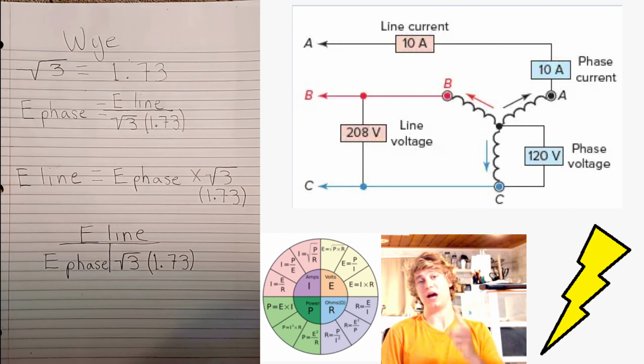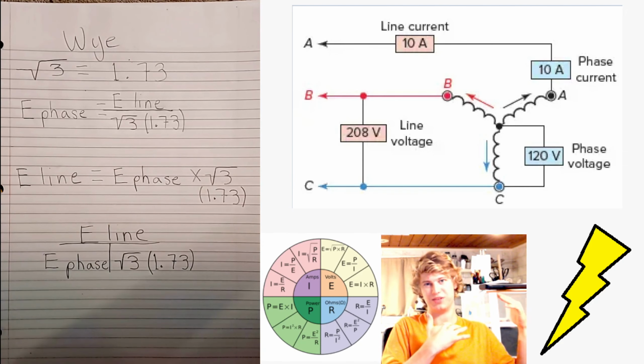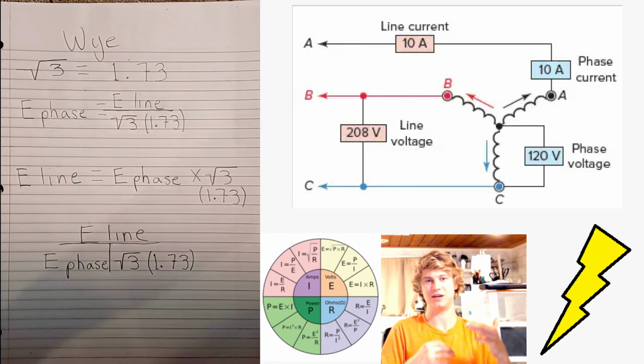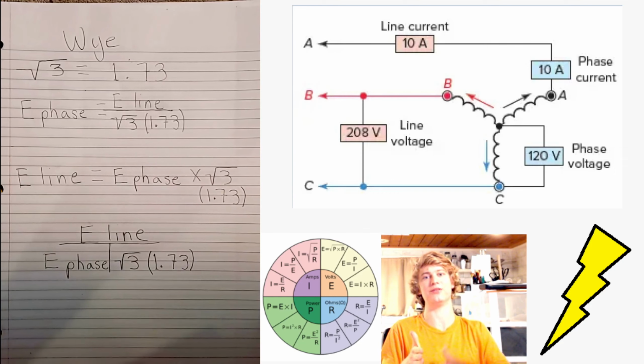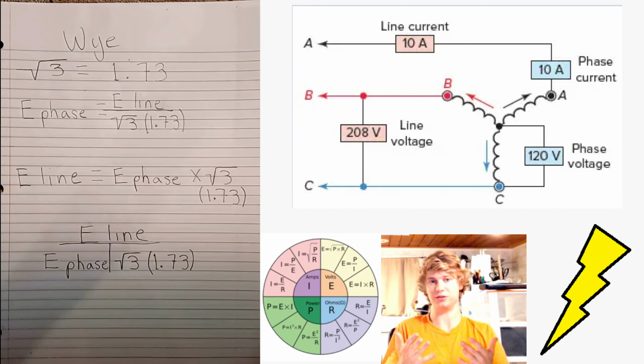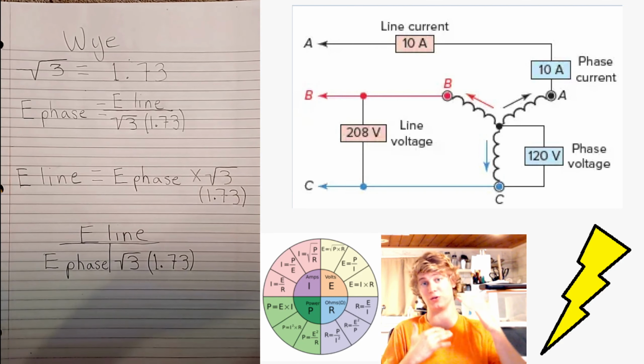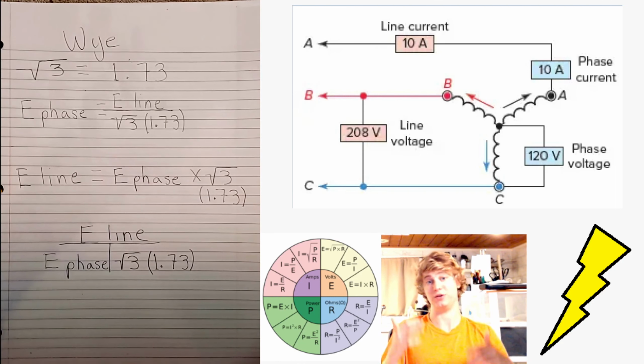Then if we get the line voltage, this is the voltage being combined from both the B and the C phase. All that we have to comprehend here is that the line voltage is obviously going to be bigger than the phase voltage. The phase voltage is across one phase, while the line voltage is across the lines. So obviously you're going to have a bigger number on your line voltage than you will at your phase voltage.